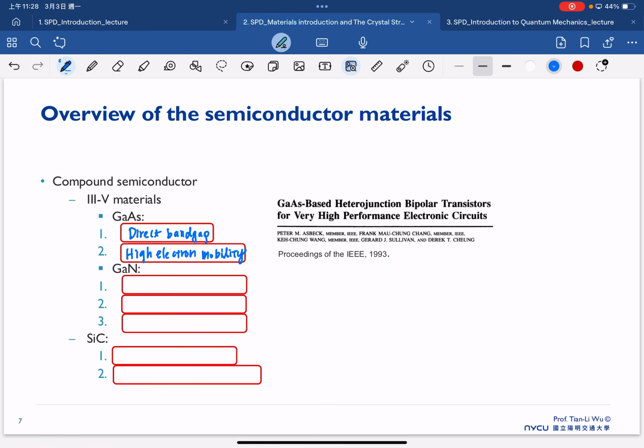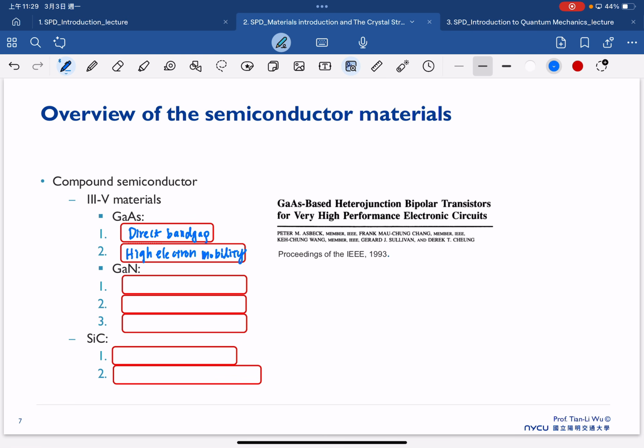That's why gallium arsenide has already been used in lots of communication and cell phone applications, because it has very good, high electron mobility, so it can be operated at high speed, which is very good for communication applications.